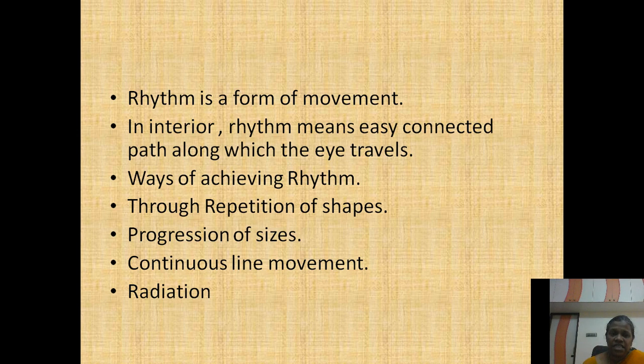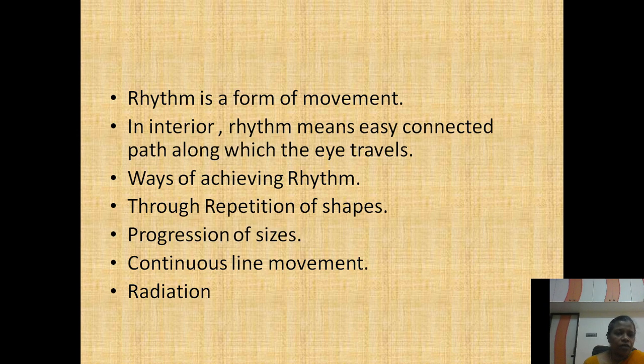That is called a rhythmic movement. So when you keep any emphasis at a point on the surface, the eye travels to move. That is called rhythm. Rhythm means an easily connected path along which the eye travels.